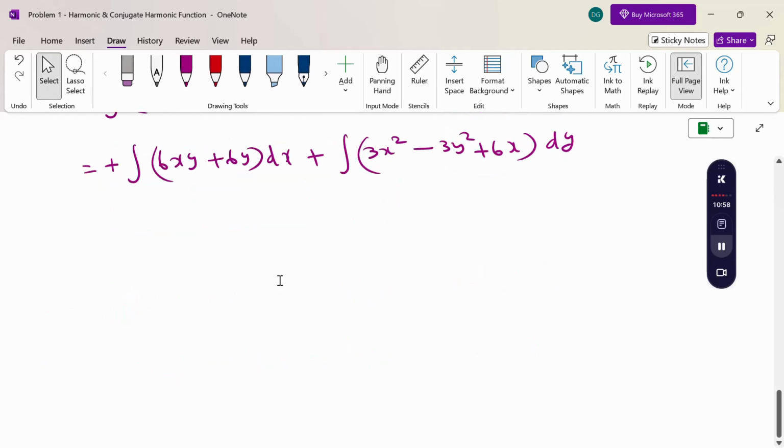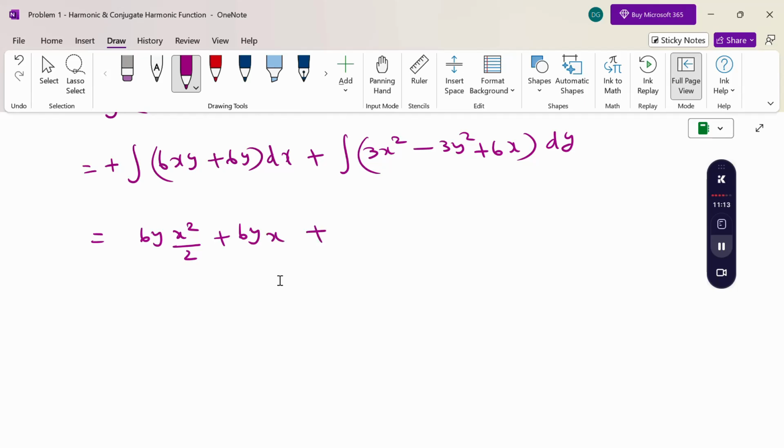Integrating with respect to x, 6y is constant, so x integrates to x square by 2 times 6y. For dy, 3x square is constant, so it gives y; minus 3y square integrates to y cube by 3; plus 6x, then dy gives y. So this is the first term, this is the second term.